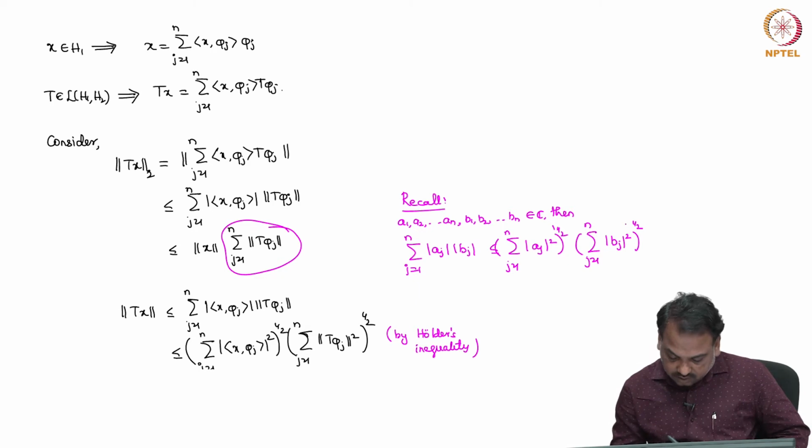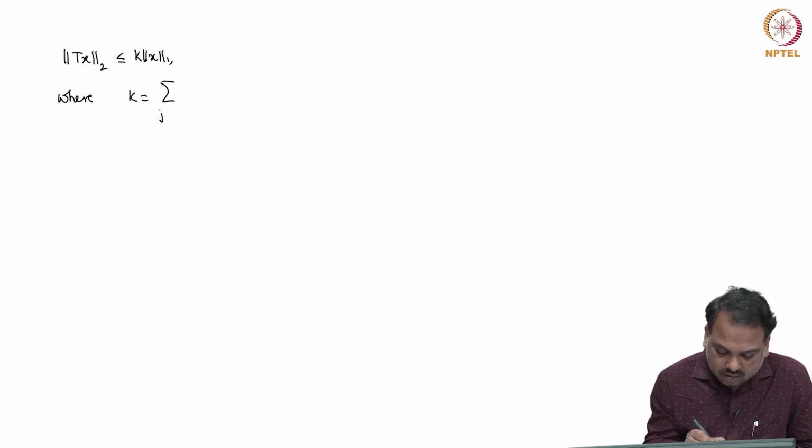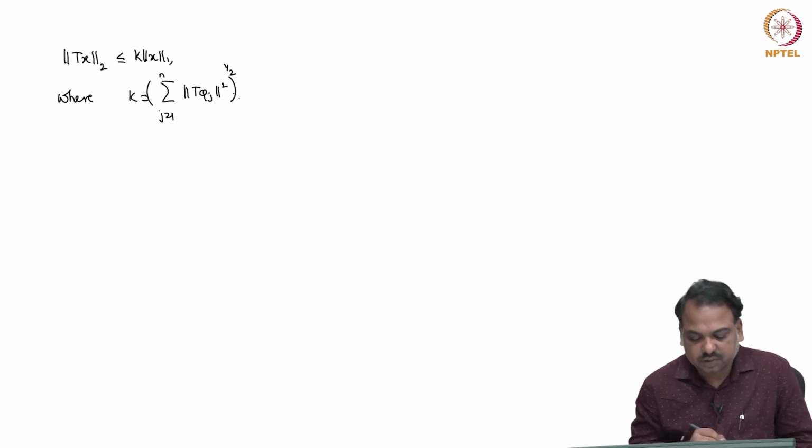By that inequality, we can get a different bound. From this we can conclude that norm of Tx is less than or equal to K times norm x, where K is the summation j equal to 1 to n of norm T phi j squared, whole power 1 by 2.